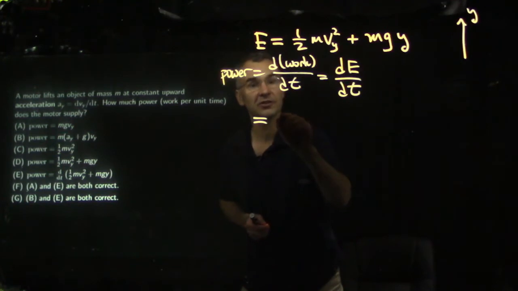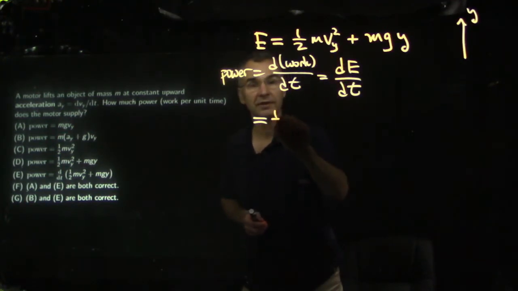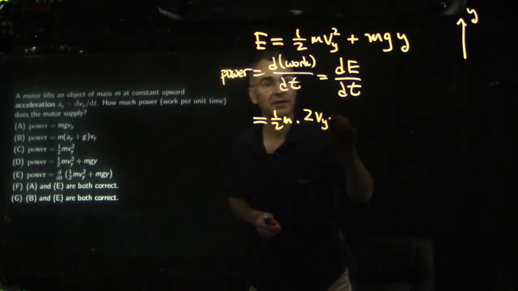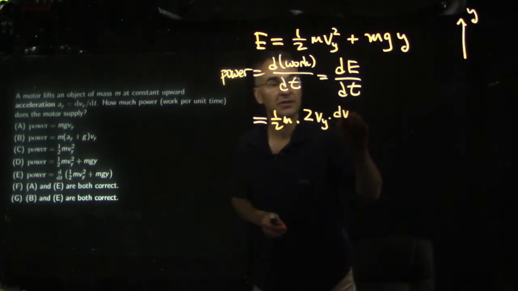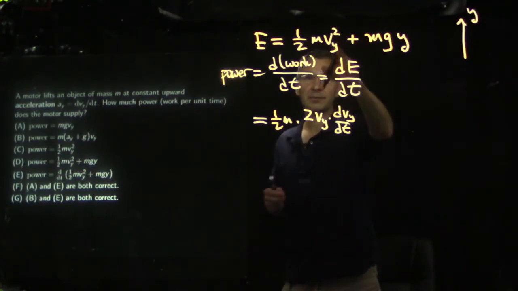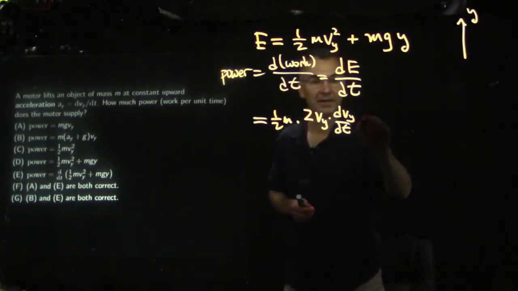So this is 1/2 m times 2 times v sub y times dv sub y by dt. That's the chain rule, right? The derivative of v sub y squared is 2 times v sub y times the derivative of v sub y.